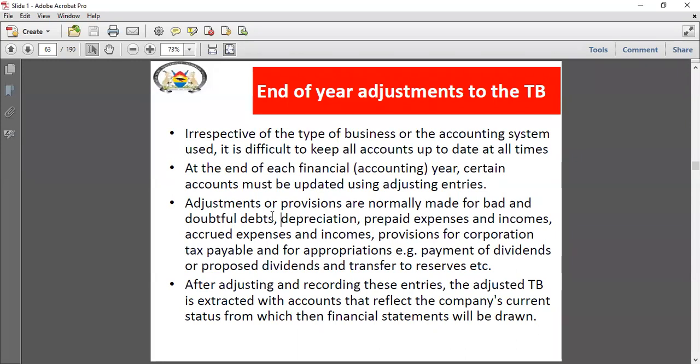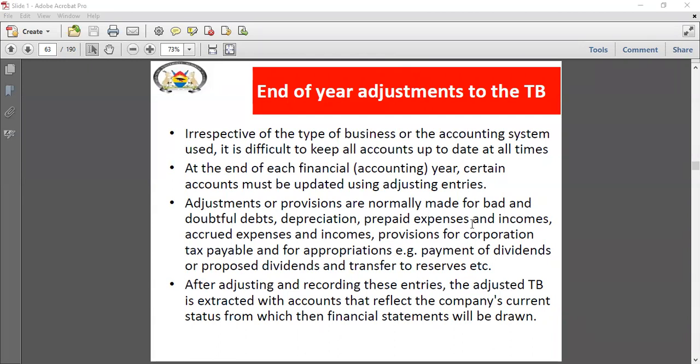This is very common with financial institutions like banks. For example, during this time of COVID, many people have to make provisions for bad debts, because it's likely not everyone will be able to pay back.